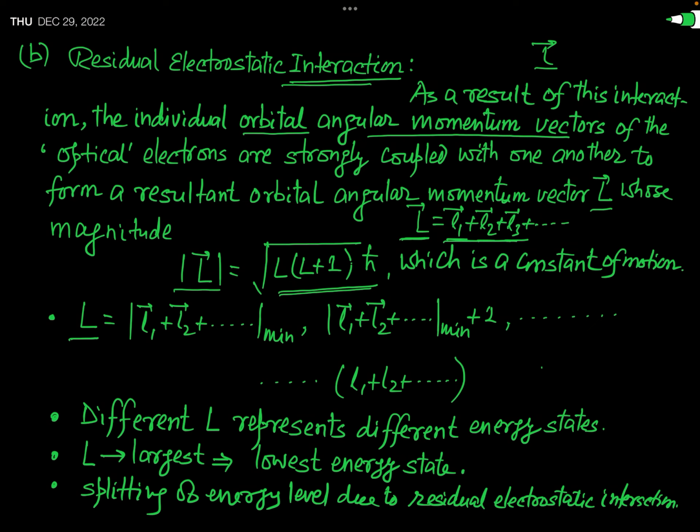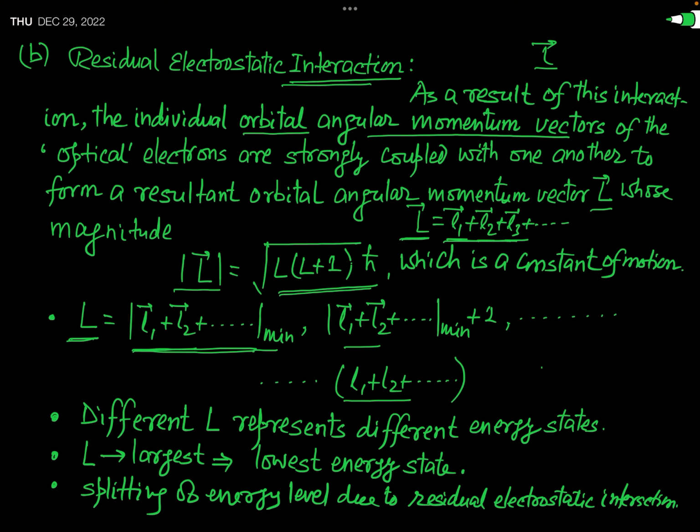The maximum value is simply equal to the sum of the magnitudes, and the minimum value we have to obtain by vector addition. So L's values will be from |l1 minus l2 minus so on| minimum up to l1 plus l2 plus so on, and you have to take the modulus because the minimum may be l1 minus l2 or l2 minus l1. It would be negative, but when you take the mod, the value will be only positive.